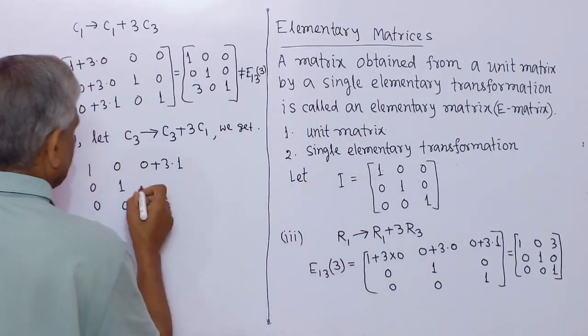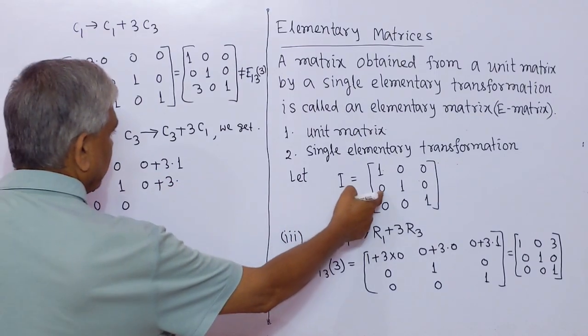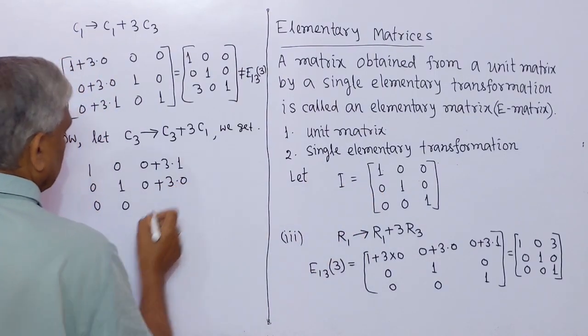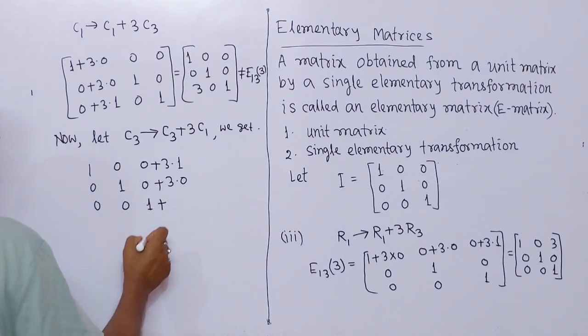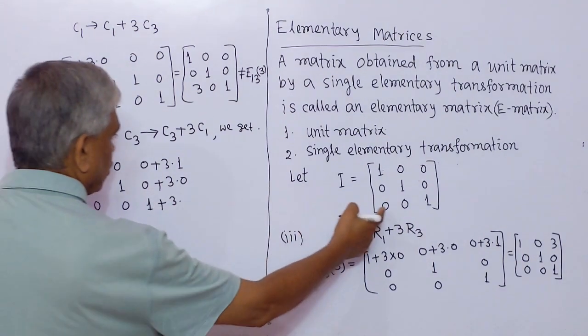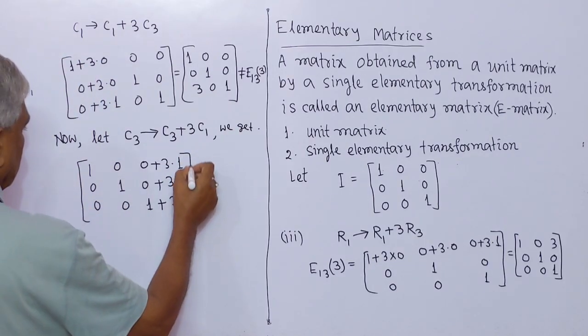Next, 0 plus 3 multiplied by the corresponding element 0, and 1 plus 3 multiplied by the corresponding element 0.